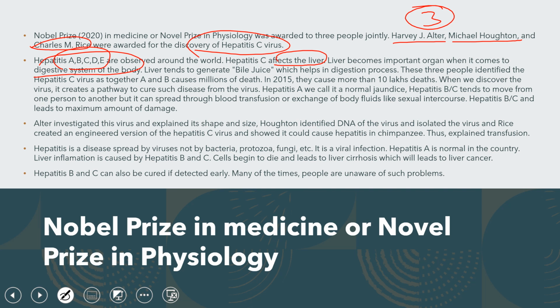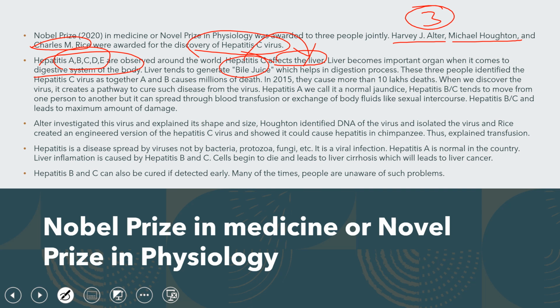We have studied this in our school days: the liver secretes bile juice, which helps in the digestion process. Hepatitis C directly attacks the liver and affects the formation of bile juice, and ultimately the digestive system of the body gets damaged.